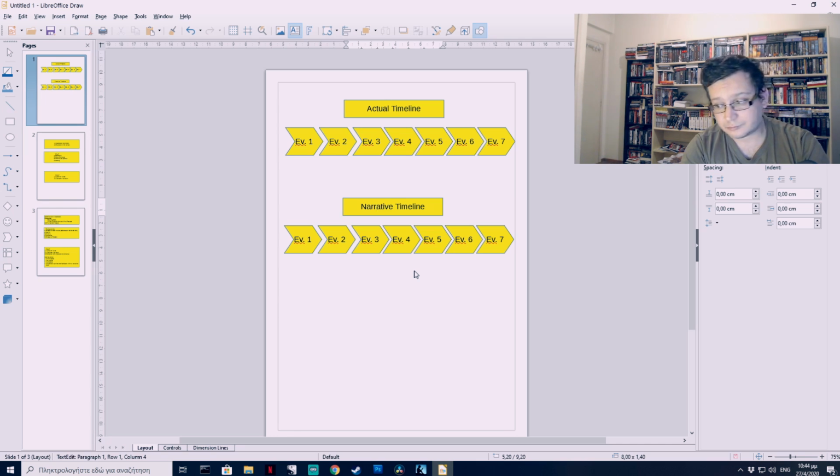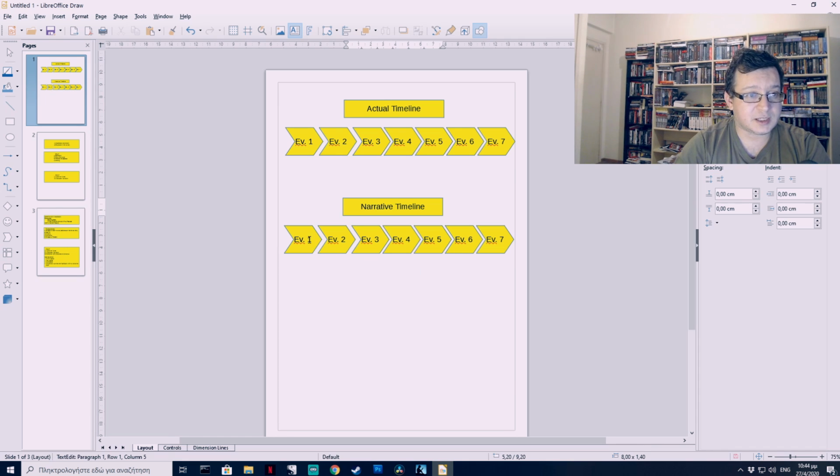And well, as a rule, these events in a story, unless of course we're talking about avant-garde storytelling, go also in a series similar to how they happen within the actual timeline.